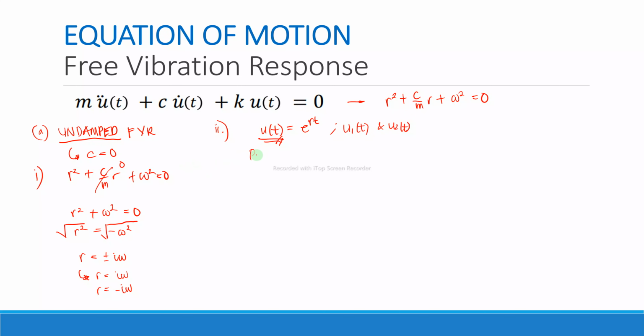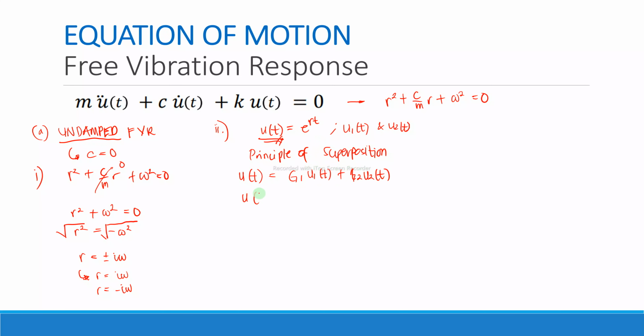Now, by the principle of superposition, if we add these two solutions, that will still be a solution of our differential equation. So we add them and we have u of t is equal to g1 times u1 of t plus g2 times u2 of t.